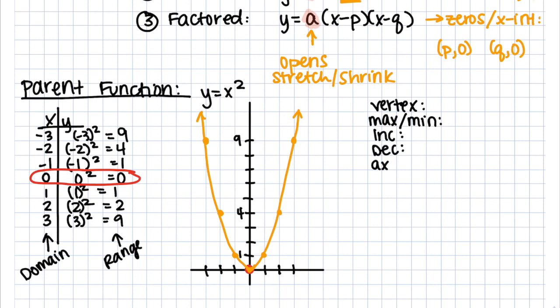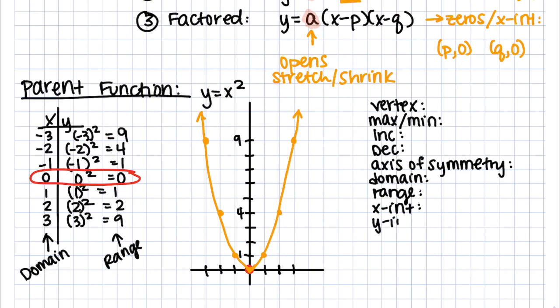What is the axis of symmetry? That's a new word. What are our domain and our range? What are the x-intercepts? What are the y-intercepts? And then what direction does it open?